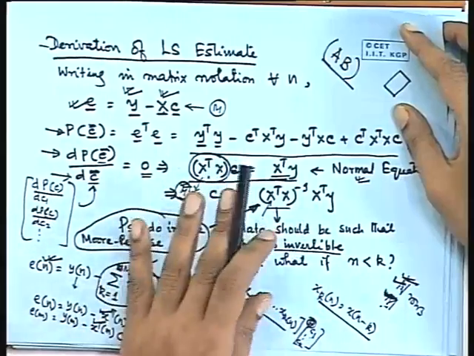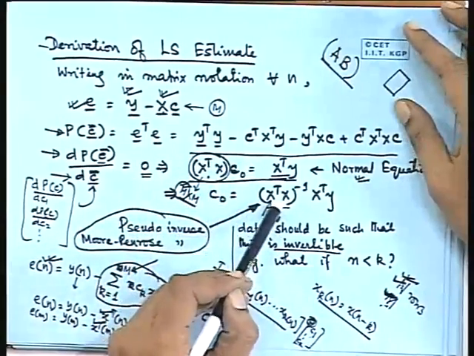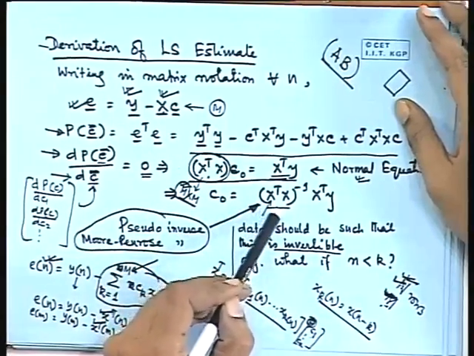If you have 2 equations and 3 unknowns, then you have an infinite number of values of the unknowns which will satisfy those 2 equations. So this is about the solution of this equation, and matrix invertibility is a key issue in being able to compute the estimate.